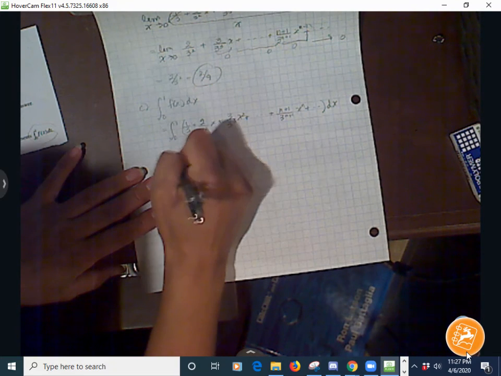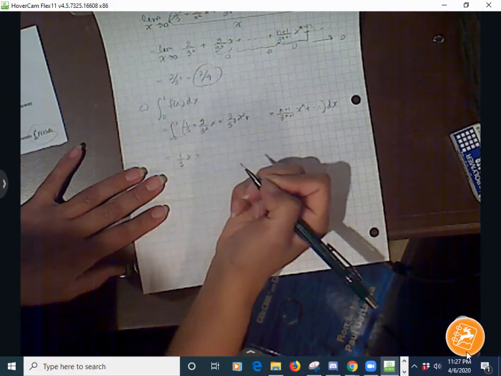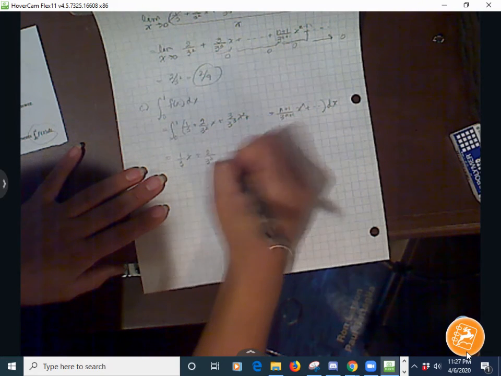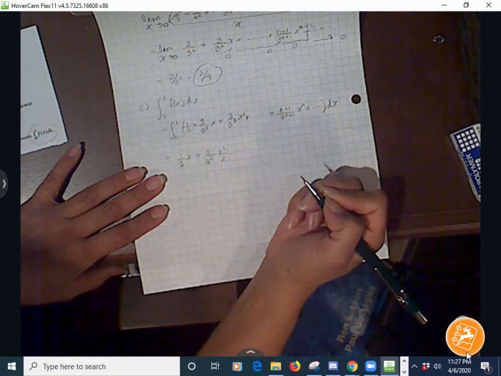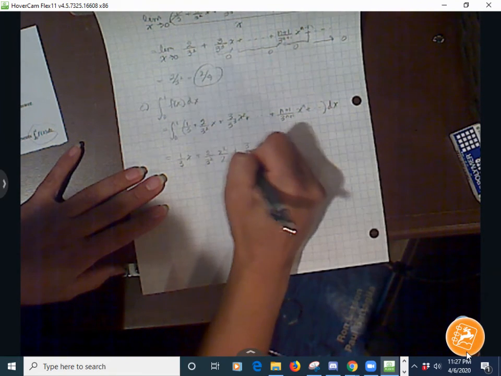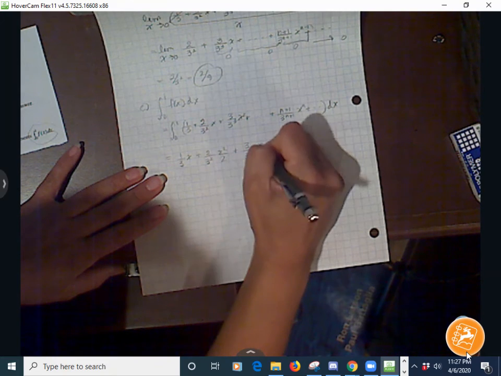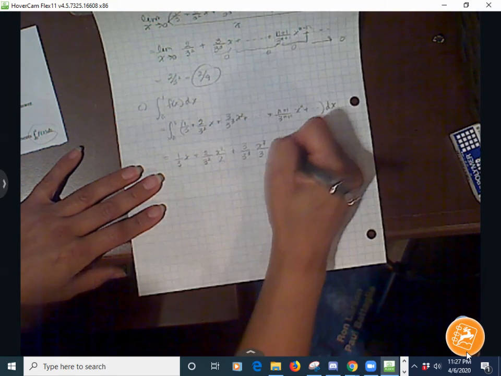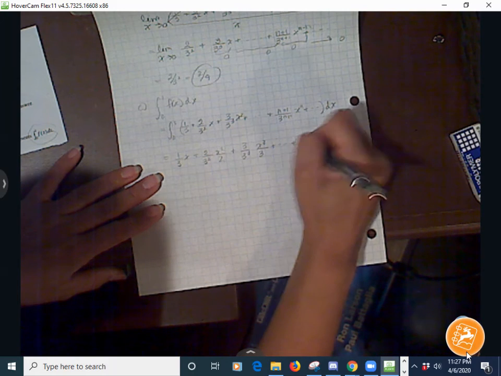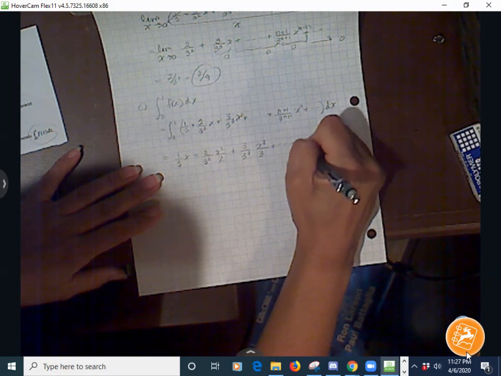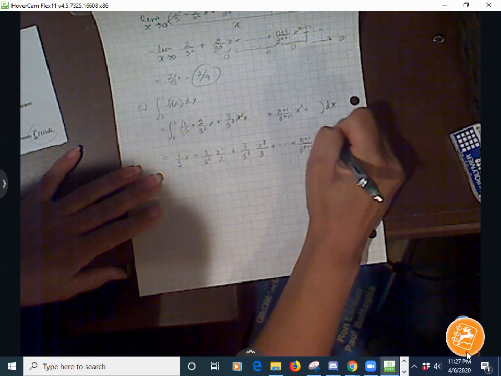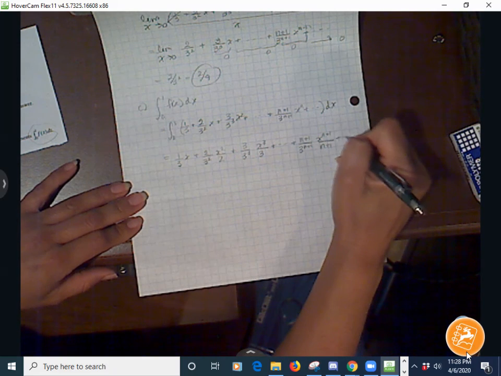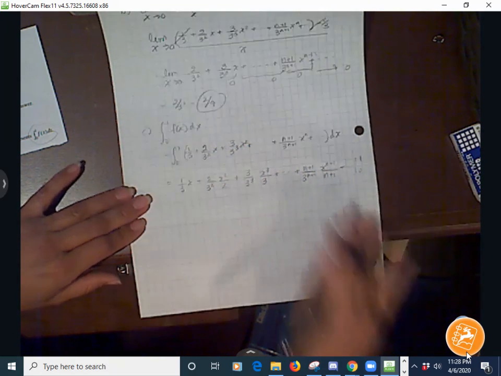Well, that would be 1/3 x plus 2 over 3 squared x squared over 2 plus, I keep my coefficient, and then I raise my power and divide by my power, plus dot dot dot plus (n plus 1) x to the n plus 1 divided by n plus 1, plus dot dot dot, from 0 to 1, like so.